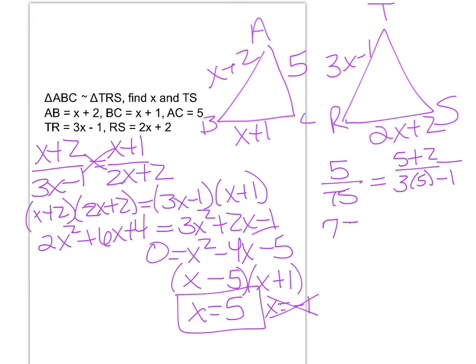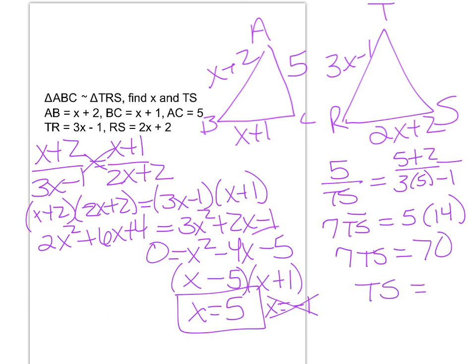So 7 times TS equals 5 times 14. So 7 times TS equals 70. So TS comes out being 10.